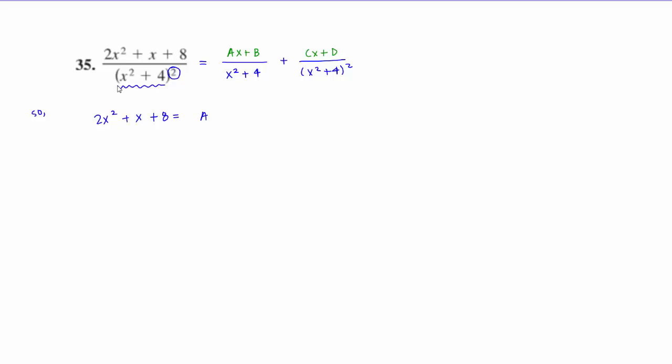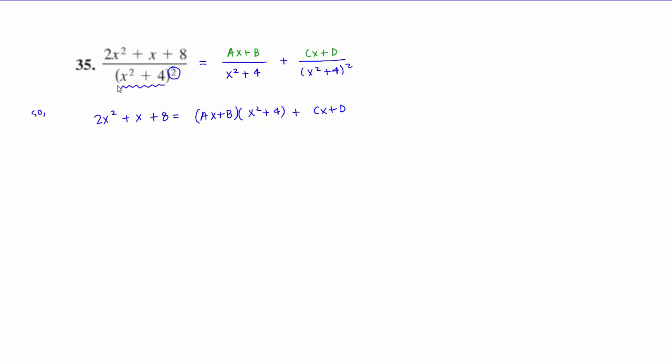The numerator in the first fraction, Ax plus b, would need another x squared plus 4 to have the x squared plus 4 squared. And the last numerator, Cx plus d, doesn't need anything, so it would show up all by itself.